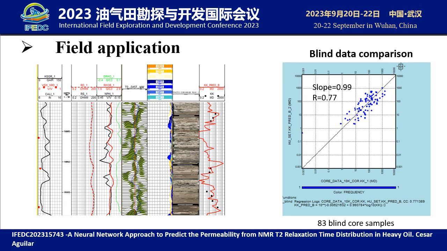It is very important to test neural network results using blind data comparison, data that was not used during the training process, 83 core samples in this case, and determine if the model could predict permeability accurately in this space. Please observe this untrained interval, highly heterogeneous, with thin beds, sharp permeability change, heterolithic interval, some shales.